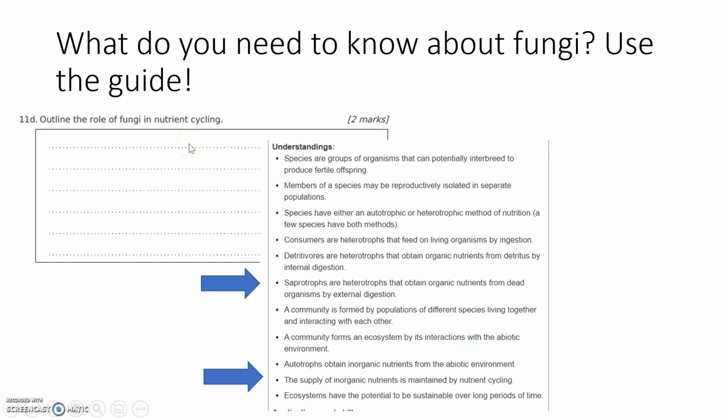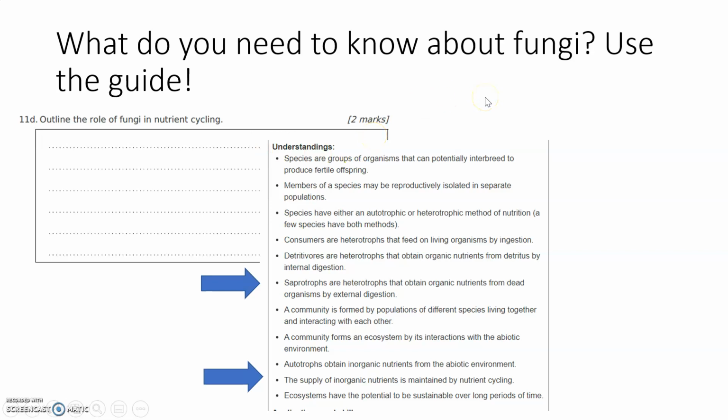And then another example of why it's important that when you study IB biology you use the guide: here is a question that says outline the role of fungi in nutrient cycling. Well, what do you need to know about fungi? If you look at the understandings for this subtopic, they don't specifically mention fungi.